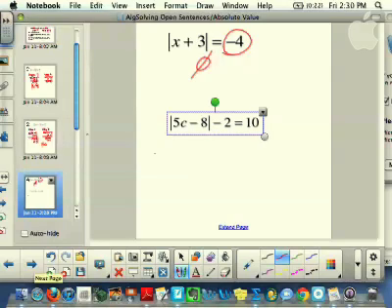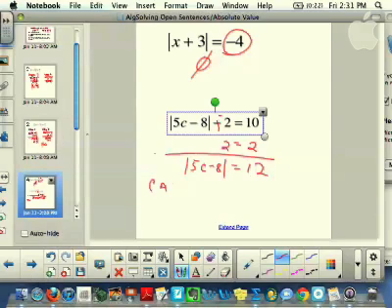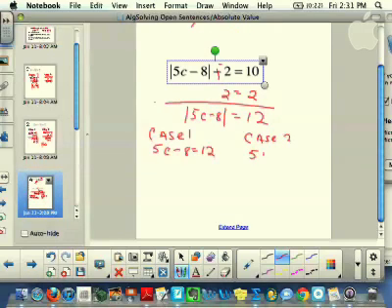And the next one, the absolute value is not alone on its side of the equal sign. So in order to solve it, the first thing I would have to do is put it by itself, isolate it, and then I can begin to solve it. First, I would write my two cases. Either 5c minus 8 equals 12, or case 2, 5c minus 8 equals negative 12.